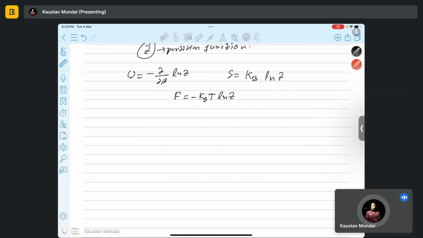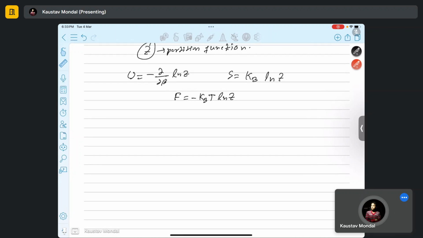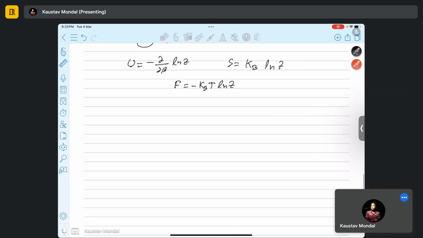So E means, let's suppose these are the energy levels. This is the energy. So this is, let's suppose, 0, E, 2E, 3E, and so on.